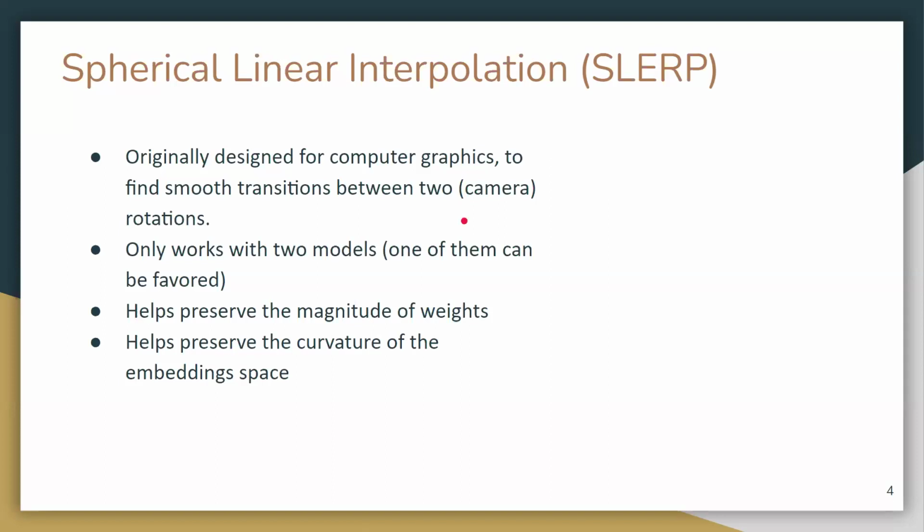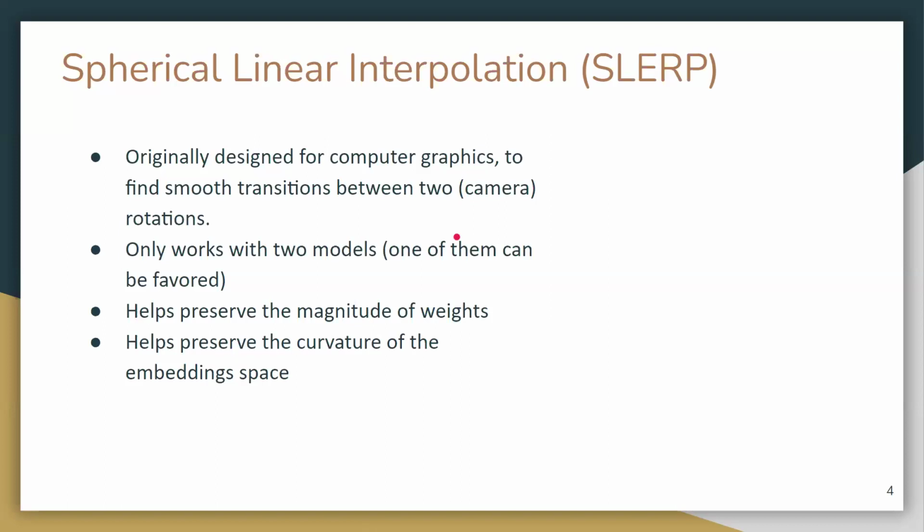So the benefit of SLERP is it helps preserve the magnitude of weights, because when we do average, we could have a very large weight in one model, and we could have a very tiny weight in another model. And when we average these two models, we'll have the middle value that's not quite as good as what we wanted.